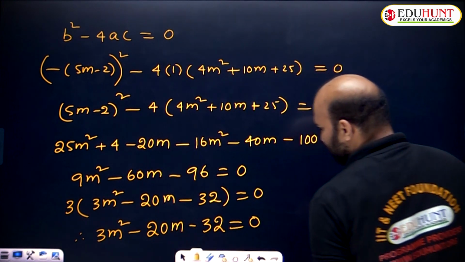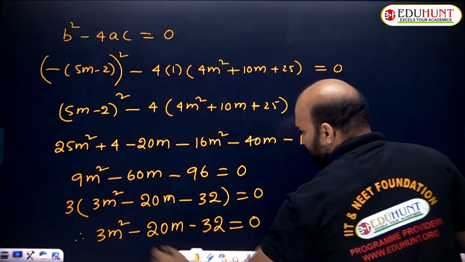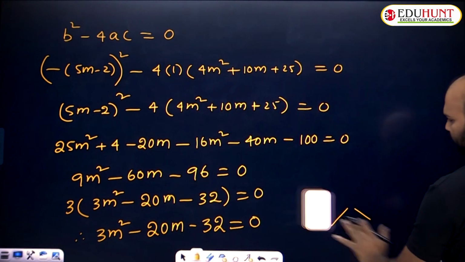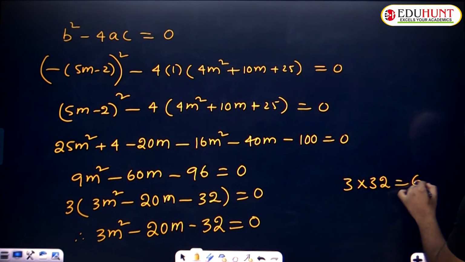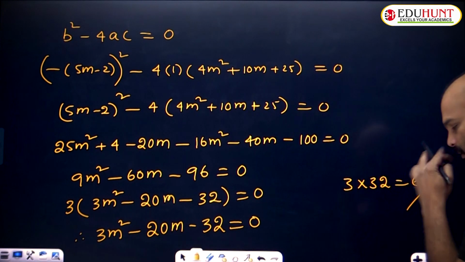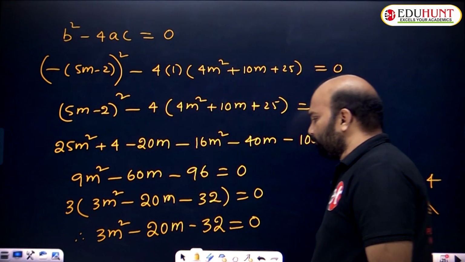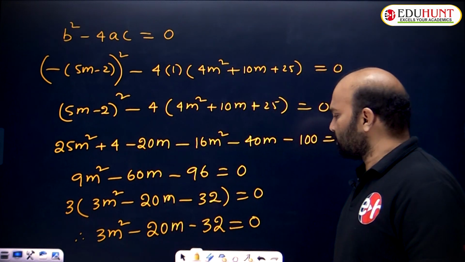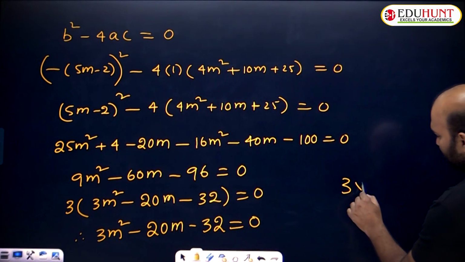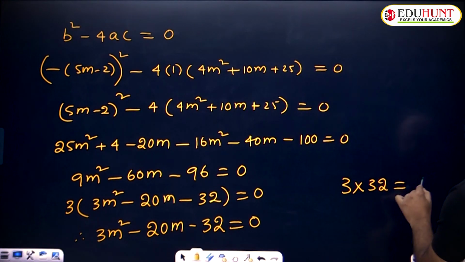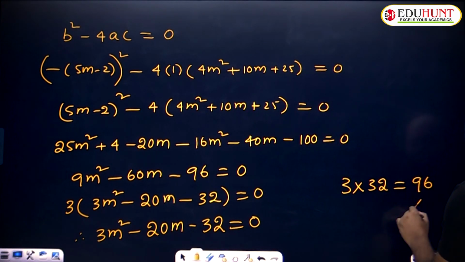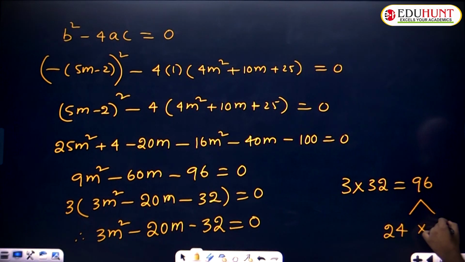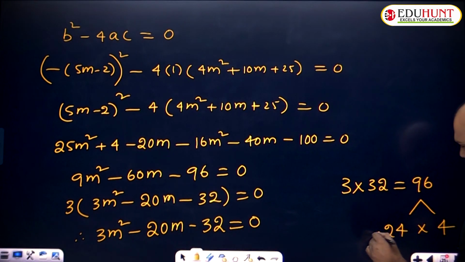Here the m coefficient is 20; first we need to understand the m square coefficient 3 multiplied with the constant 32, which gives 96. The m coefficient, minus 20, can be written as minus 24 plus 4, since 24 times 4 is 96. Here minus 20 is a negative value, so the larger part is negative.